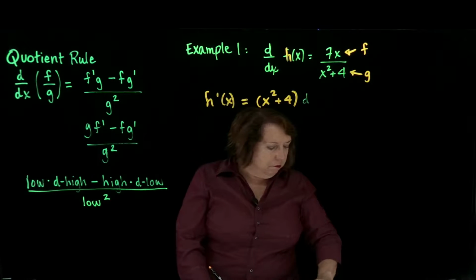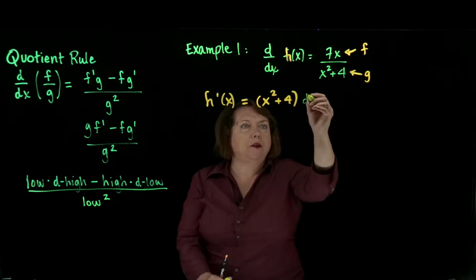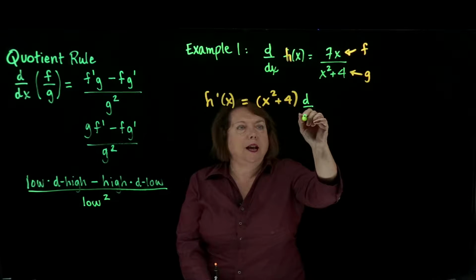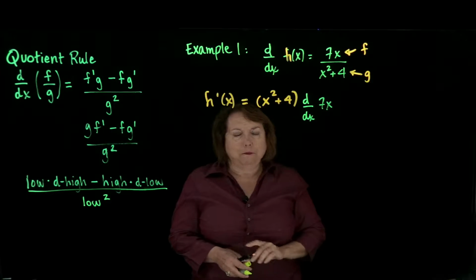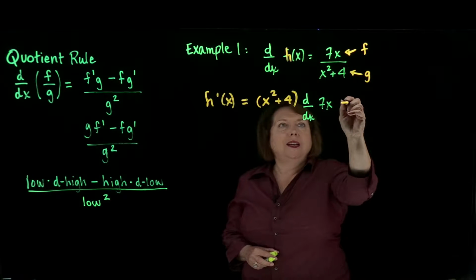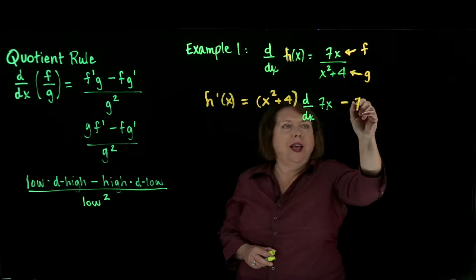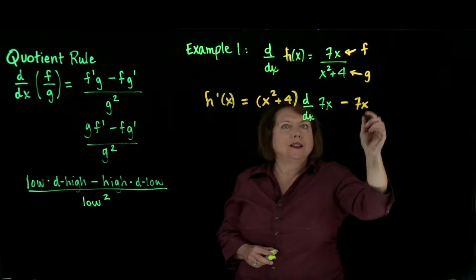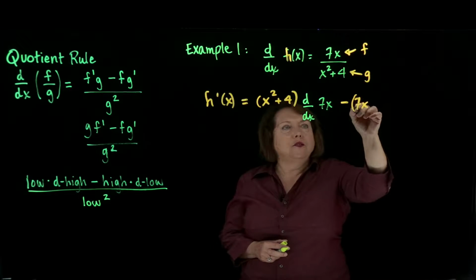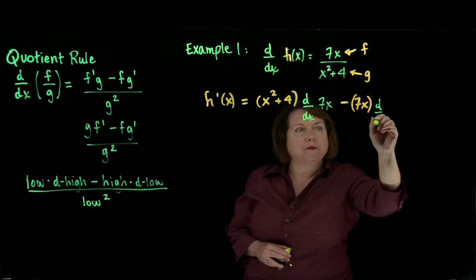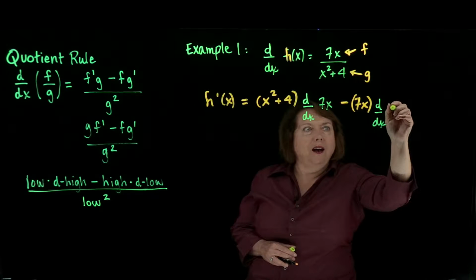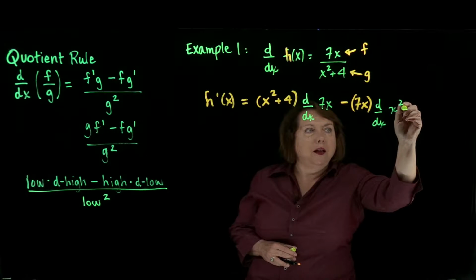So I'm going to write some intermediate steps here. d dx of 7x, okay, minus the high function f, which is 7x, times the derivative of the low function, the derivative of x squared plus 4.